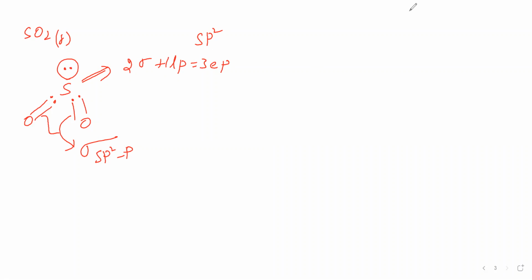Then we will see regarding the pi bond. Sulfur has 3 p orbitals in the valence shell. Out of 3, 2 p orbitals are used for hybridization, and the remaining 1 p orbital is used for the pi bond. Oxygen gives a p orbital.